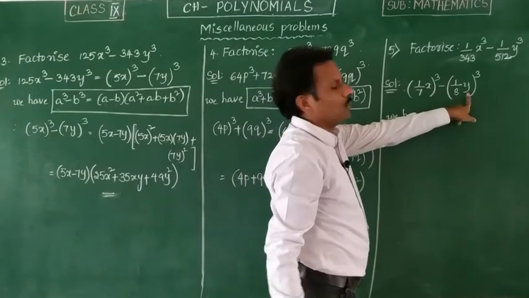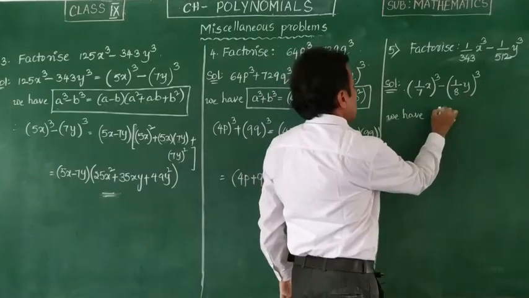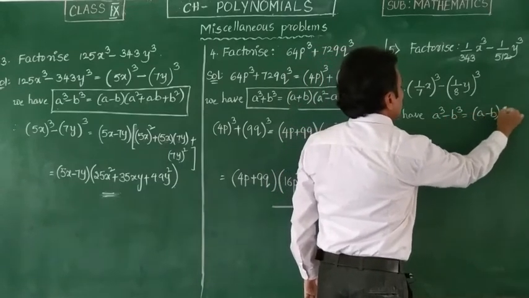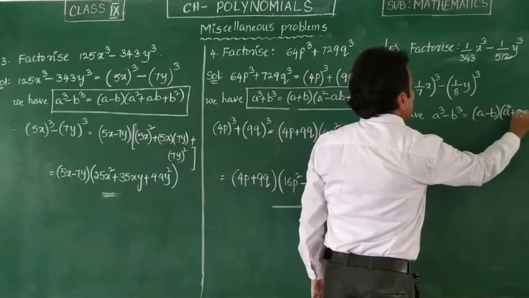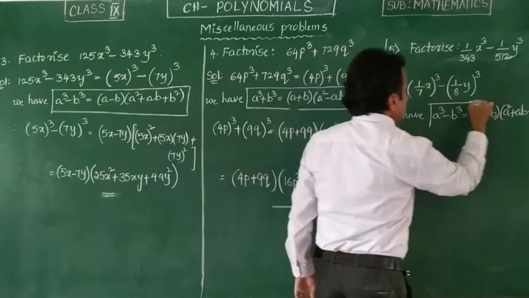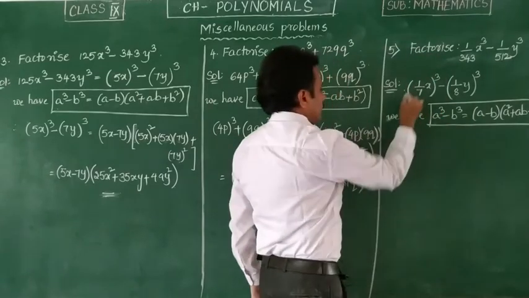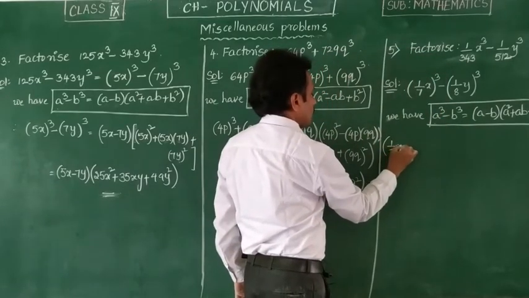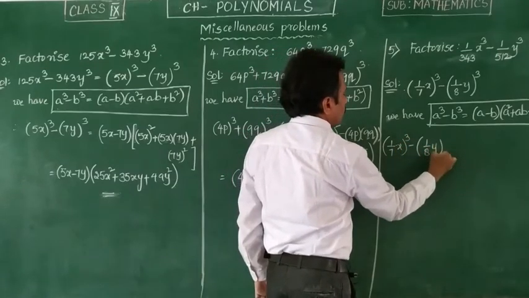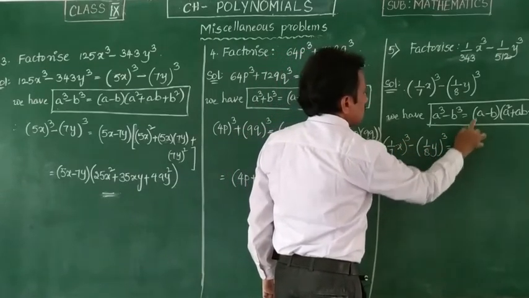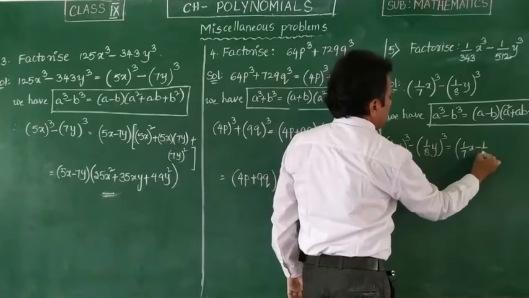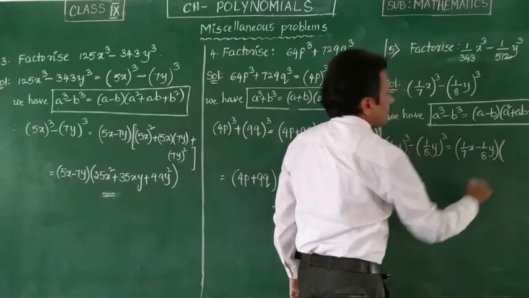Since we have the a cube minus b cube form, we write a cube minus b cube equals a minus b into a square plus ab plus b square. This is the identity we have to apply here. So 1 by 7x whole cube minus 1 by 8y whole cube can be written as a minus b, 1 by 7x minus 1 by 8y, multiplied by a square.